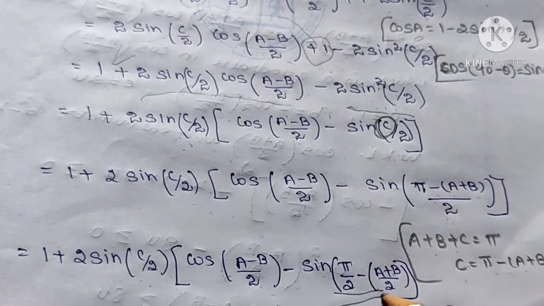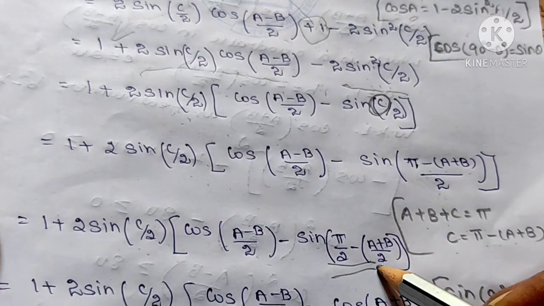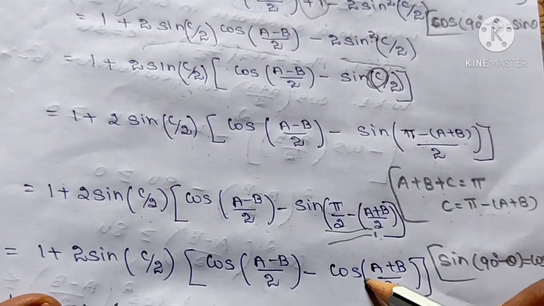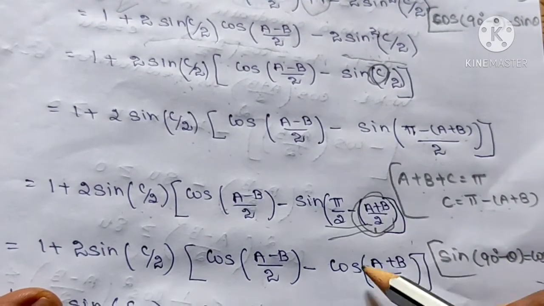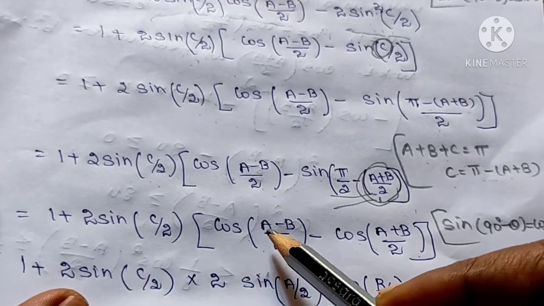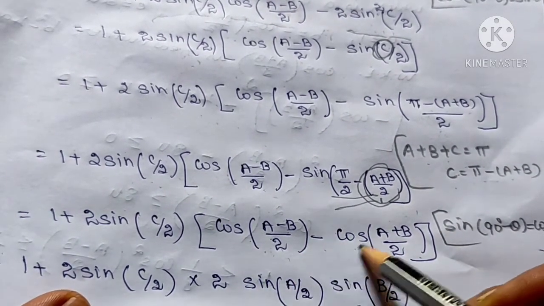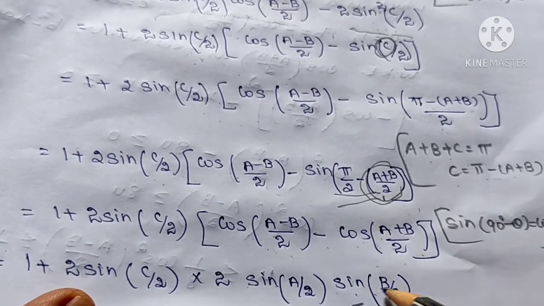But sin 90 degree minus theta gives cos theta. Sin 90 degree minus theta is cos theta. So here we get cos of, in place of theta, a plus b by 2. So cos a plus b by 2. Again substitute one result: cos a minus b by 2 minus cos a plus b by 2 is 2 into sin a by 2 sin b by 2.